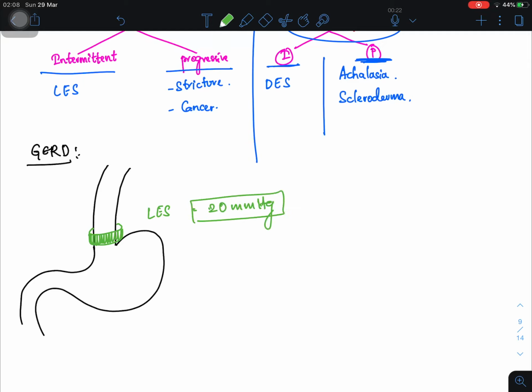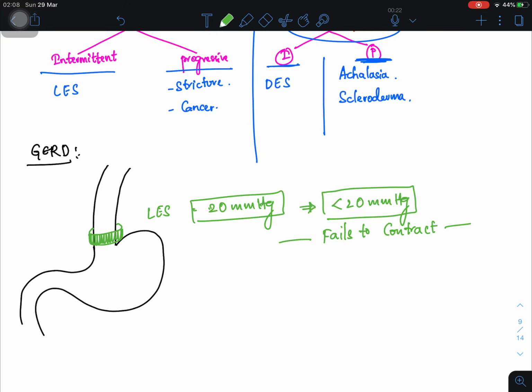Now in some conditions the lower esophageal sphincter might not work, so that it cannot maintain such perfect pressure. Sometimes the pressure turns out to be less than 20 mmHg. So when it is less than 20 mmHg, the sphincter cannot contract properly. So the sphincter fails to contract or constrict.